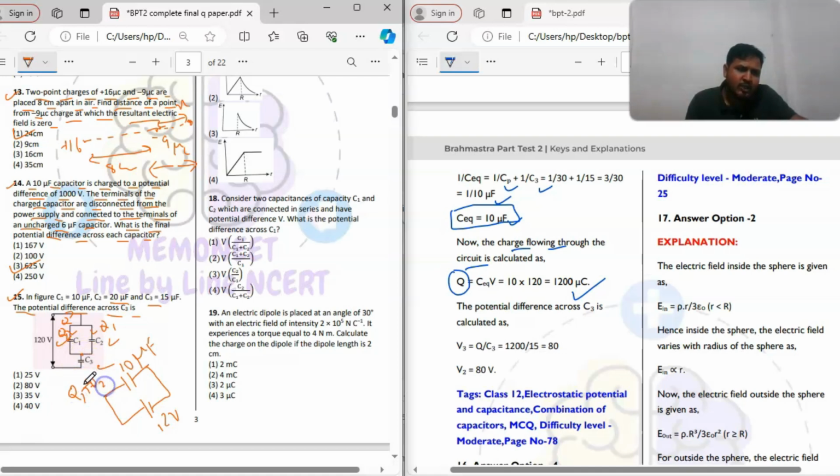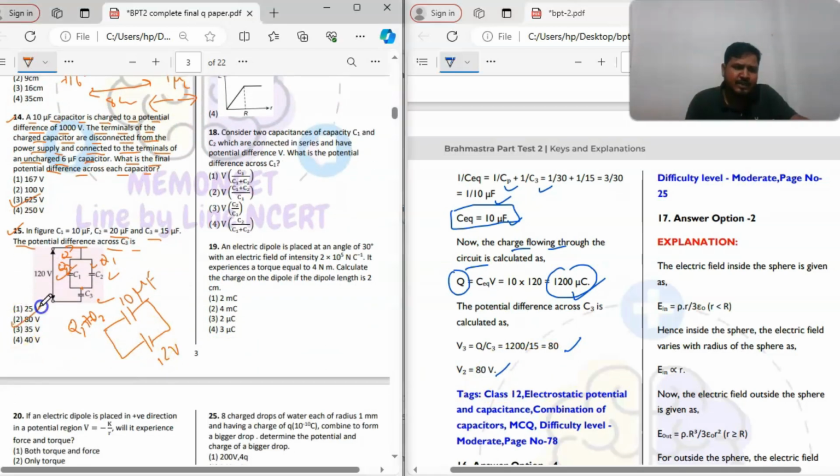Hence the total charge across C3 will be the same. So V3 is equal to Q by C3. We know the value of Q and the value of C3. We put the values and we got V3 is equal to 80 volt. So our second option is the correct option.